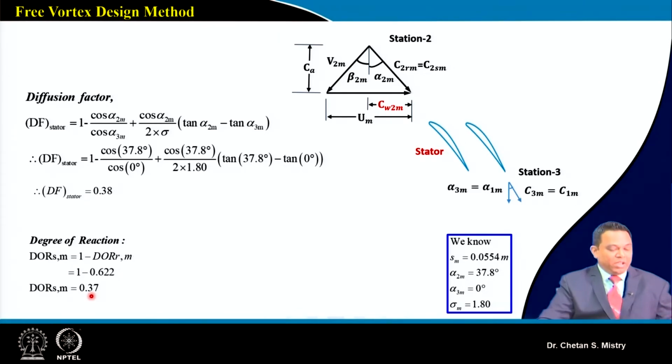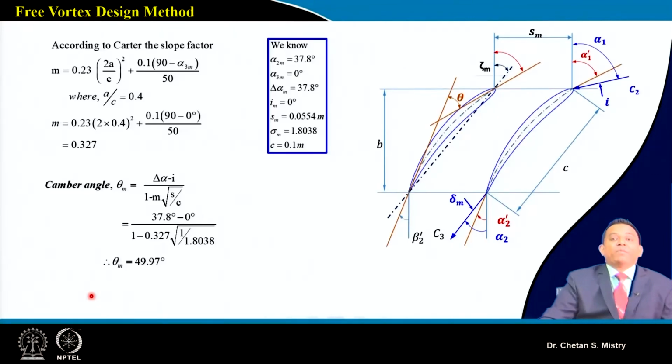Now once these parameters are known to us, we are more interested in our flow angle calculation, and for that we will initially calculate the M factor or Carter factor. So this Carter's parameter, we can write down the formula. For stator also we are considering our C4 profile.